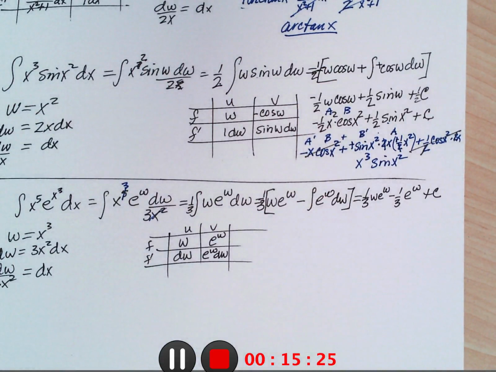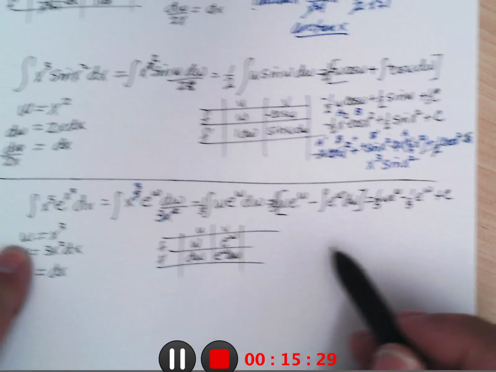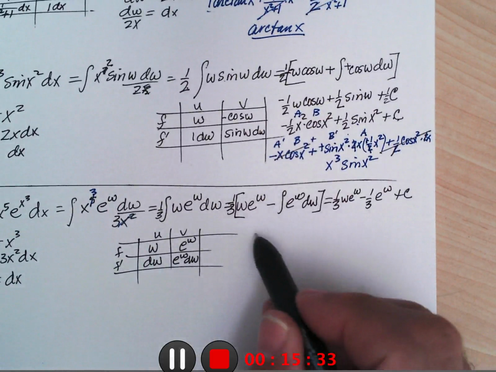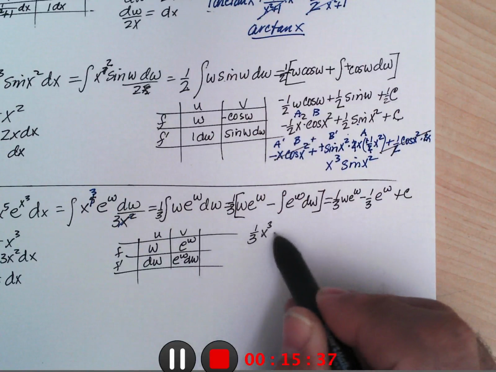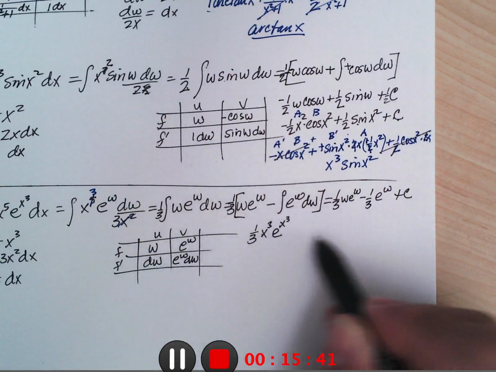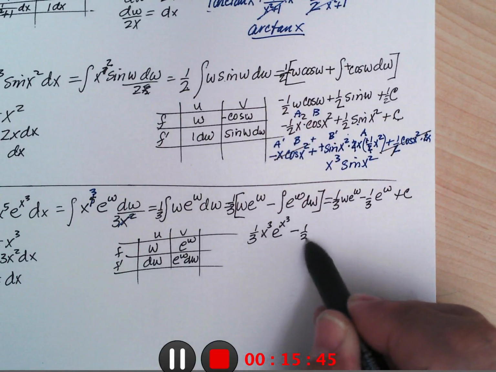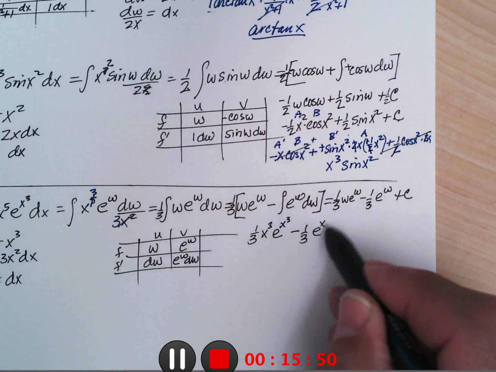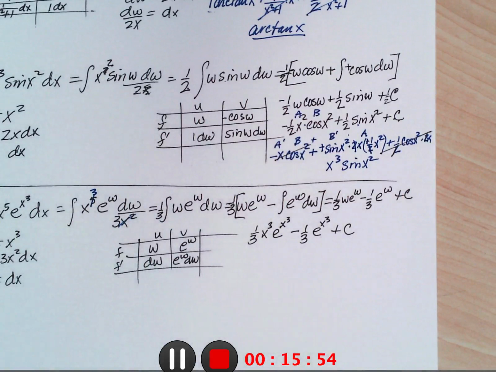Now going back to my x's, w was x to the third, so we got 1/3 x to the third e to the x to the third minus 1/3 e to the x to the third plus c. Checking our work.